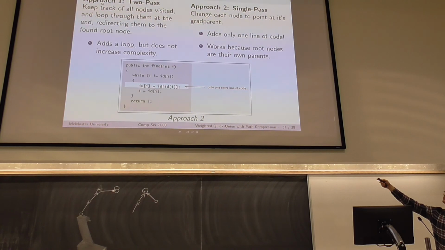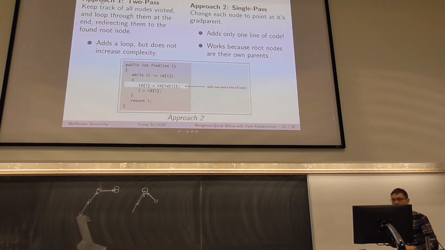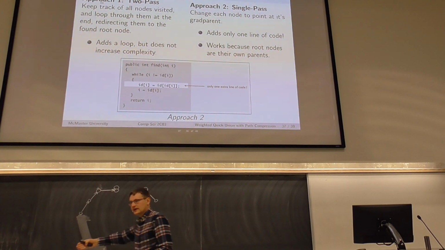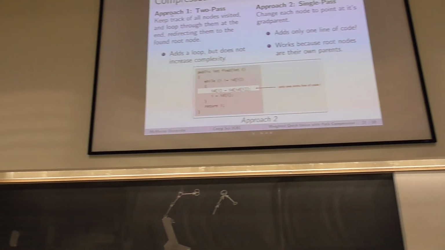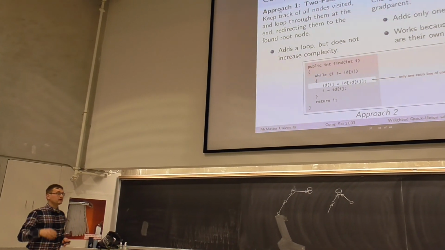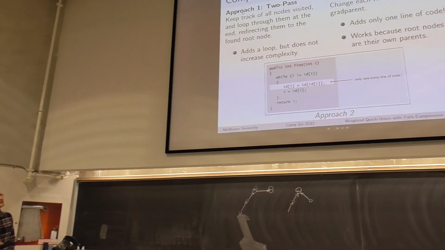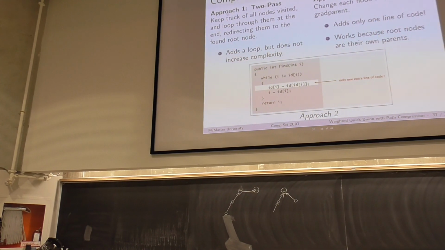Very quickly, there are two approaches. One is the two-pass approach, where you keep track of all of the nodes that you visit, and you connect them all up to the root node at the end. That's one way to do it. The other way is to change each node to point at its grandparent.